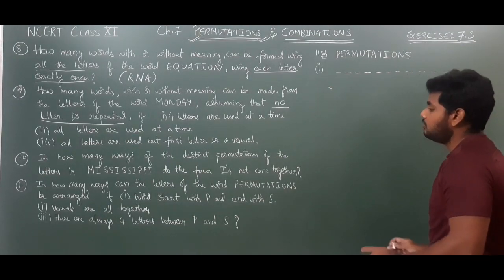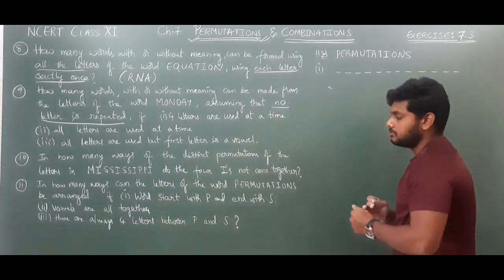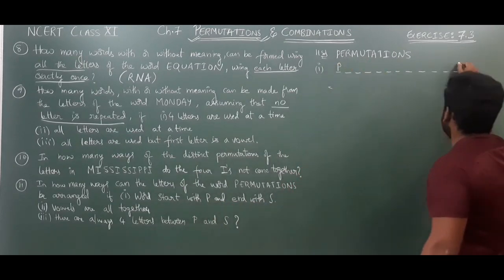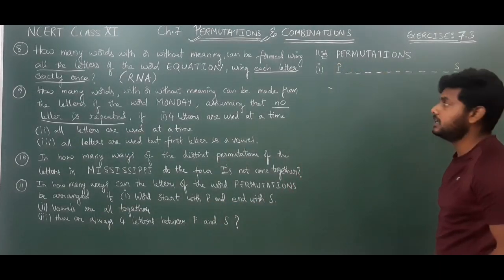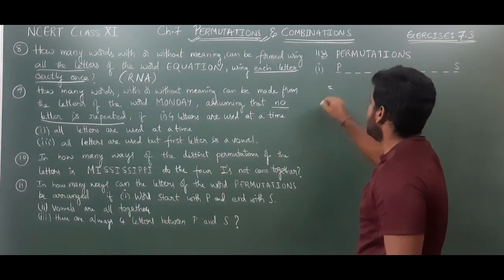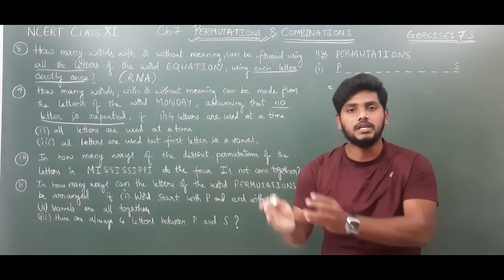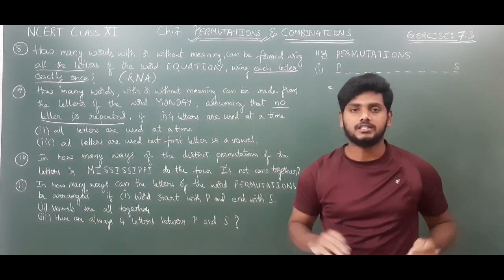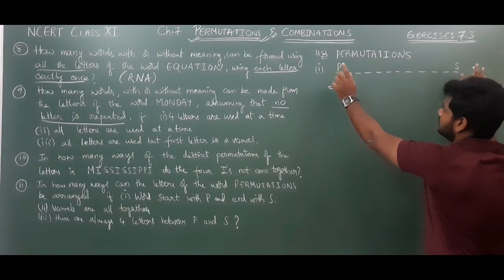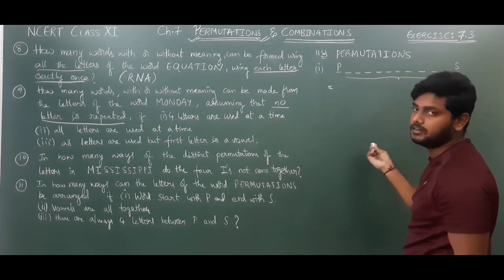Out of 12, you need to form the number of ways of arranging the letters of permutations when words start with P and end with S. That means, as they said, words should start with P and end with S. That means P and S are fixed, right? So only one way. Now we need to bother about the remaining places. How many remaining places? 10.